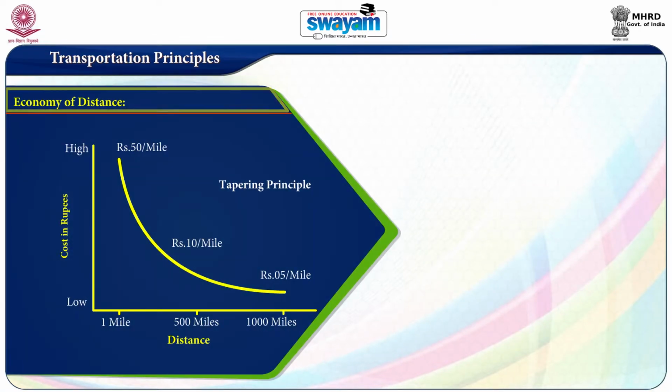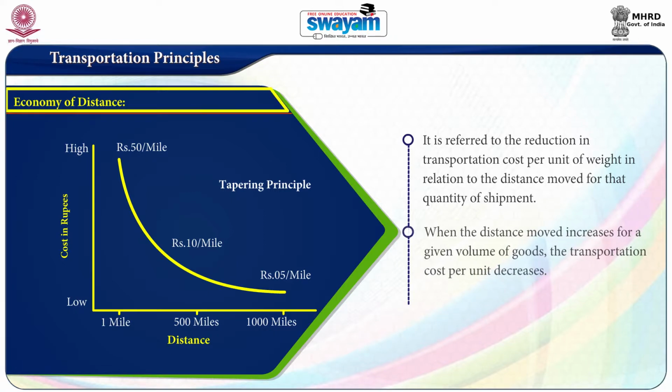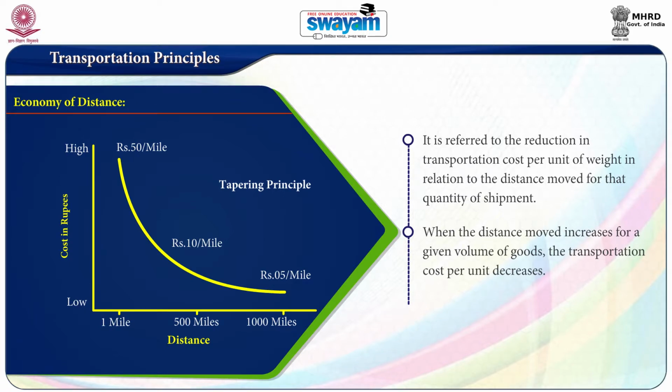Economy of distance in transportation refers to the reduction in transportation cost per unit of weight in relation to the distance moved for that quantity of shipment. When the distance moved increases for a given volume of goods, the transportation cost per unit decreases. This is also known as the tapering principle in transportation.